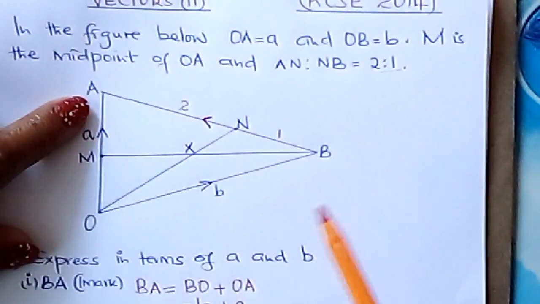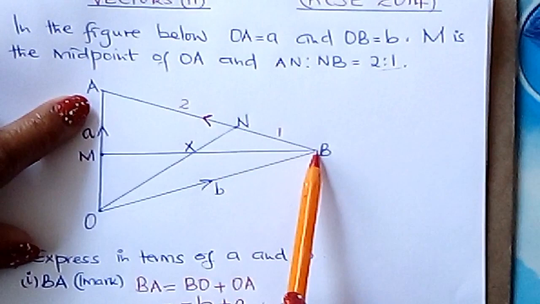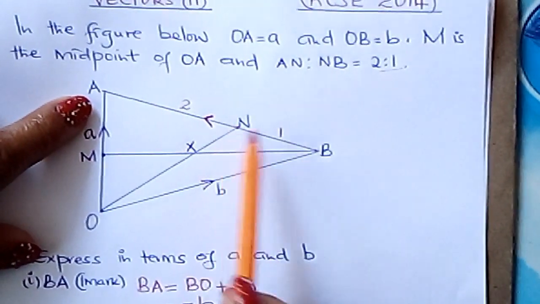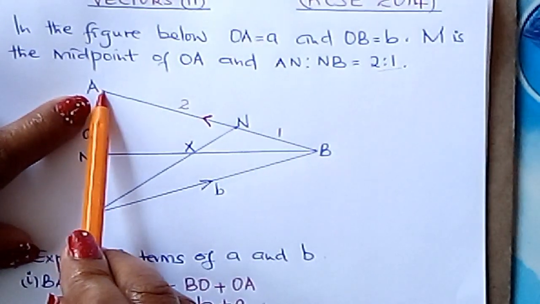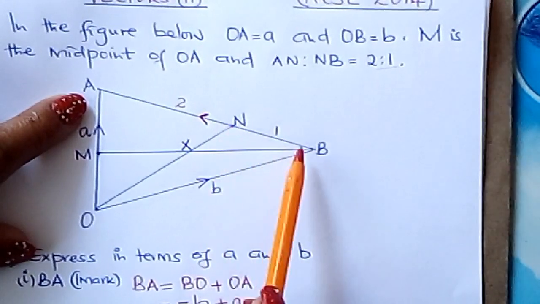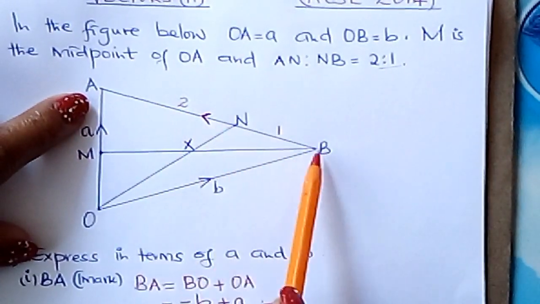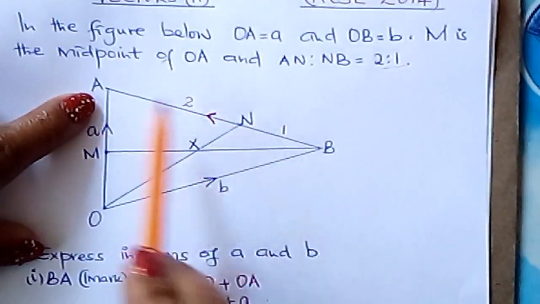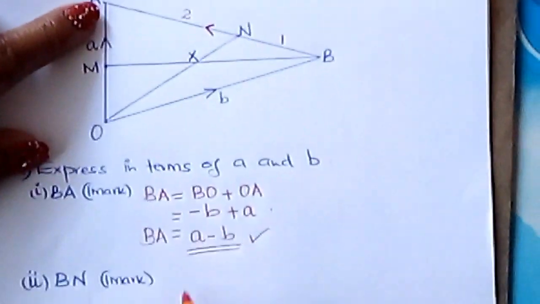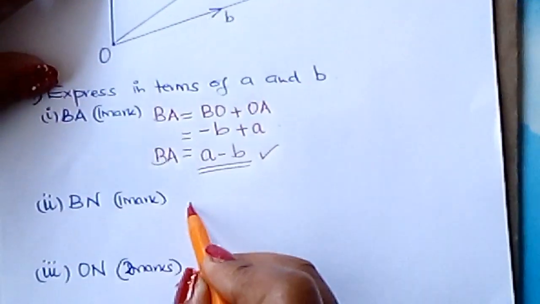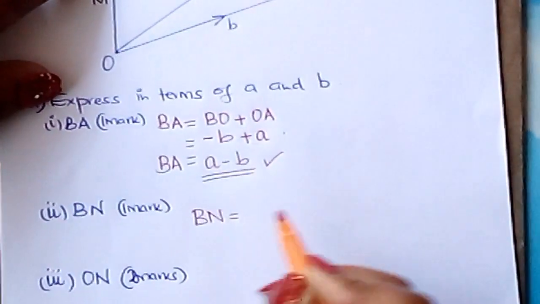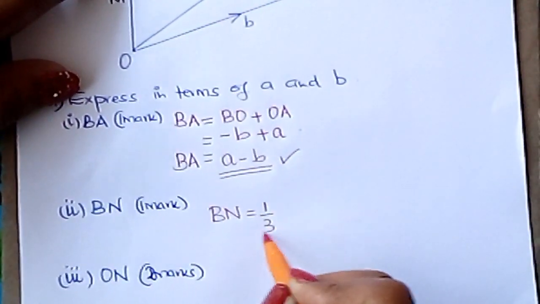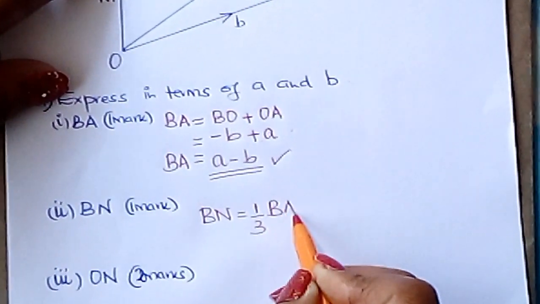What fraction is it? Vector BN is 1 out of 3. Look at that, 1 out of 1 plus 2 gives you 3. So we come and write that vector BN is 1 out of 3 of BA.